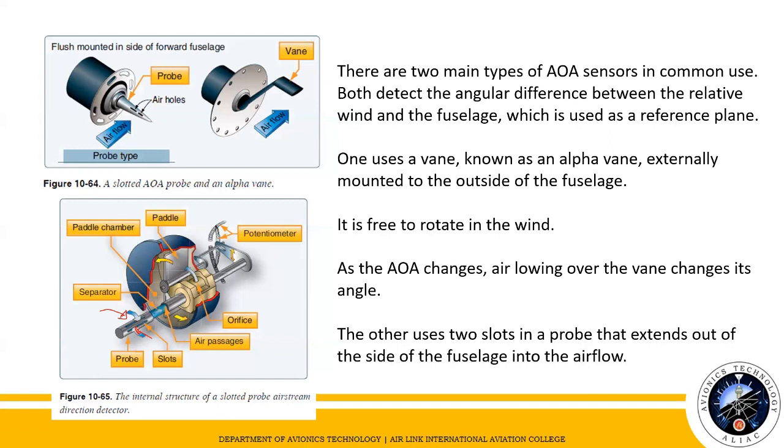Ito, gagalaw yan ng up or down. So the same is true of the shaft of the alpha vane. The changing resistance of the potentiometer is used in a balance bridge circuit to signal a motor in the indicator to move the pointer proportional to the AOA.